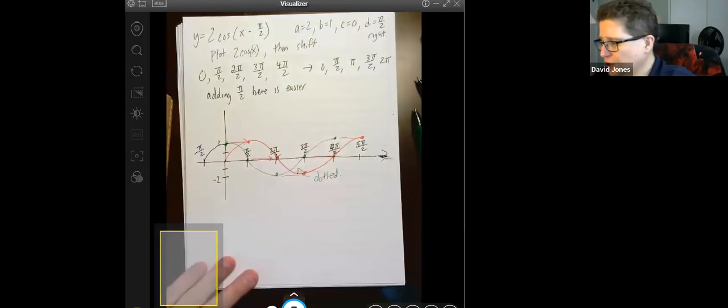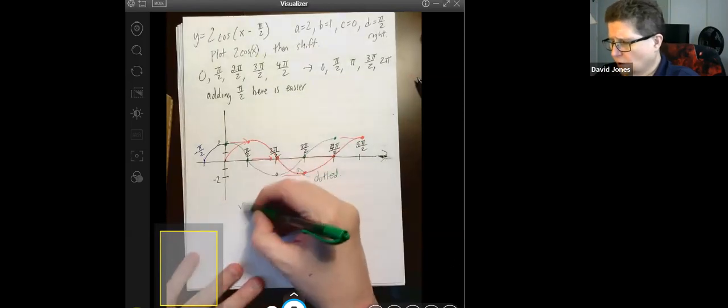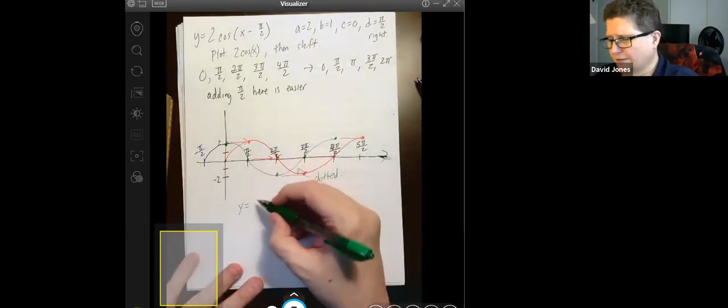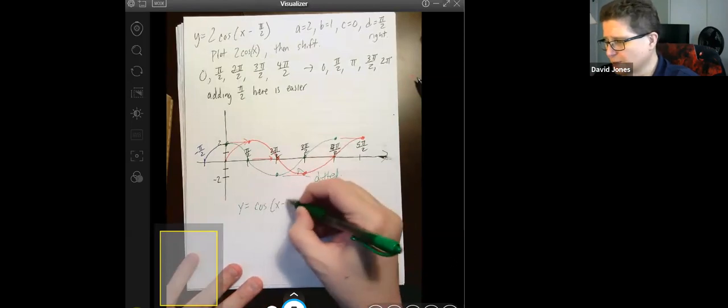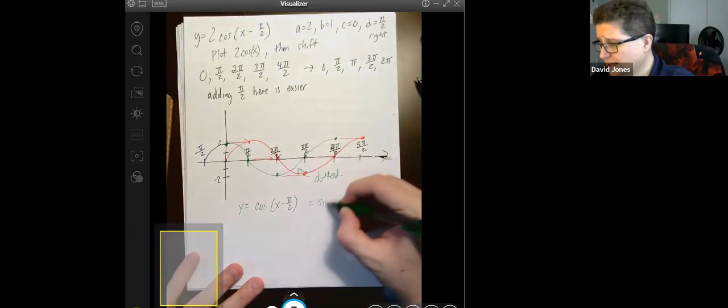In fact, you'll notice if I didn't have an amplitude of 2, if I had just y equals cosine of x minus pi over 2, that's the same graph as sine of x.